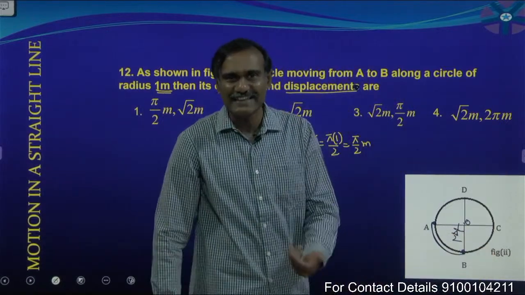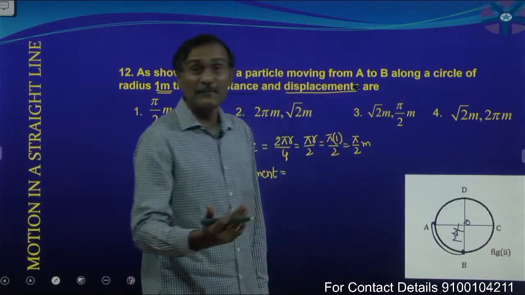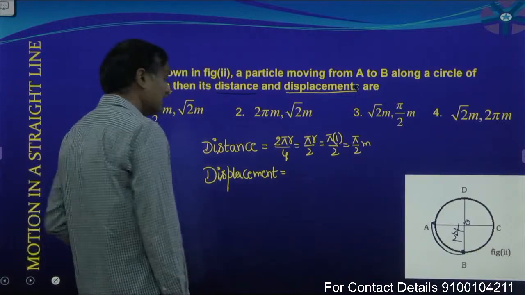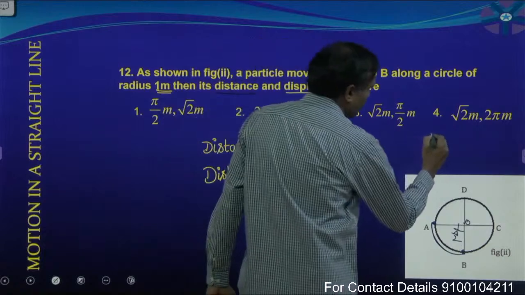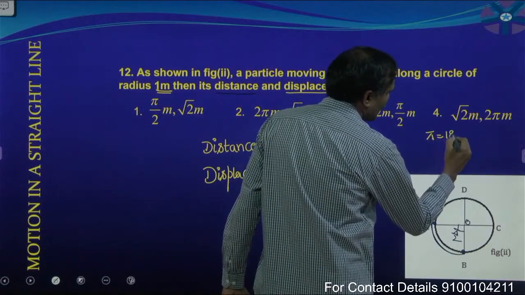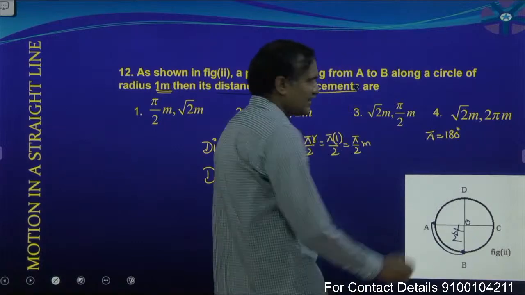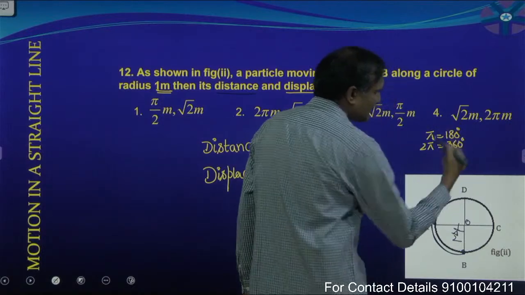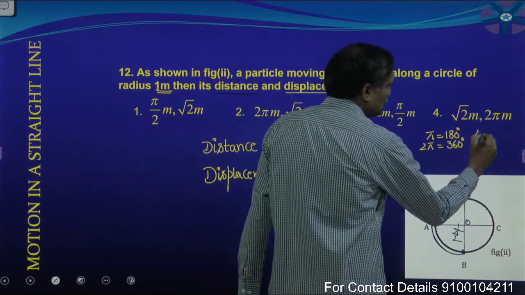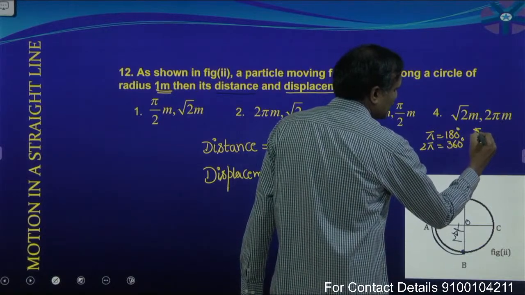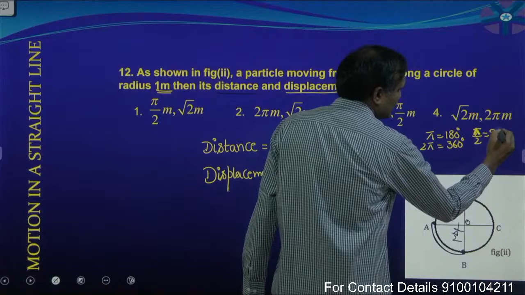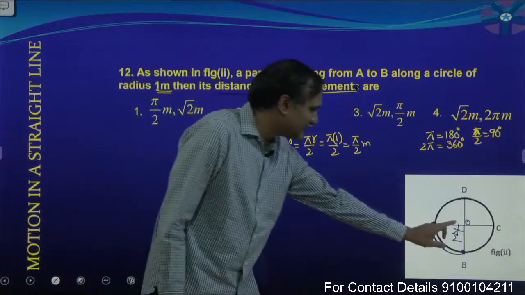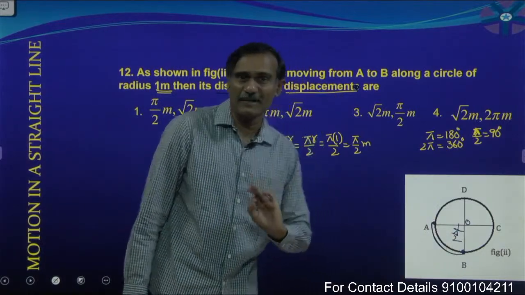Pi by 2, 90 degrees. 90 degrees is nothing but pi by 2 radians. Remember that. Here pi radians means 180 degrees, and 2 pi radians is nothing but 360 degrees. So pi by 2 is nothing but 90 degrees. Here 90 degrees I want to consider as pi by 2.